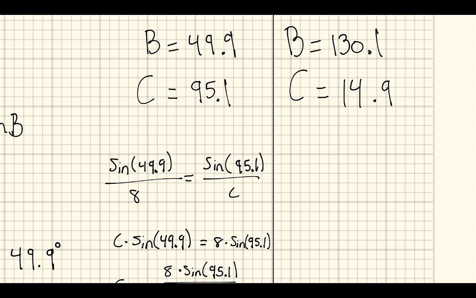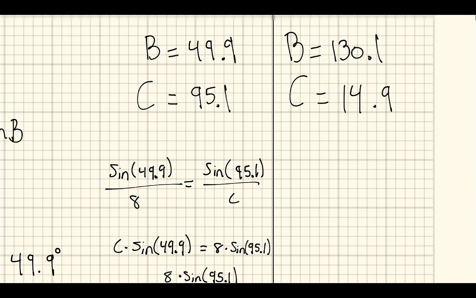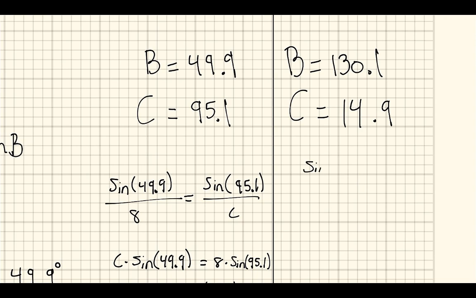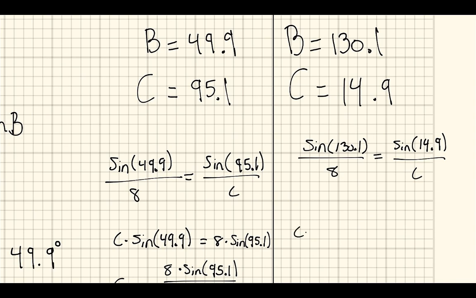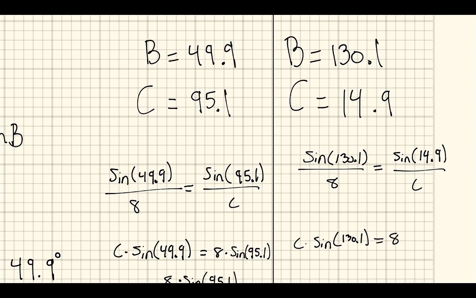let's set up law of sines one more time. Sine of 130.1 over 8 equals the sine of 14.9 over C. C times the sine of 130.1 equals 8 times the sine of 14.9.